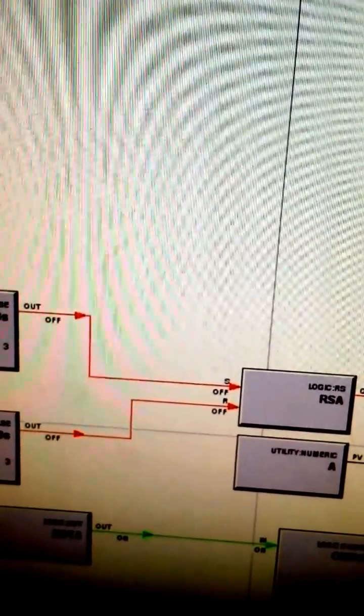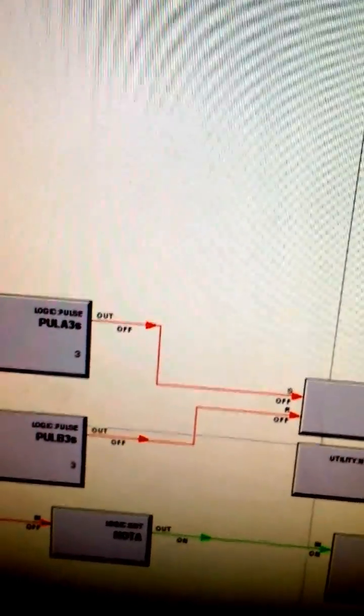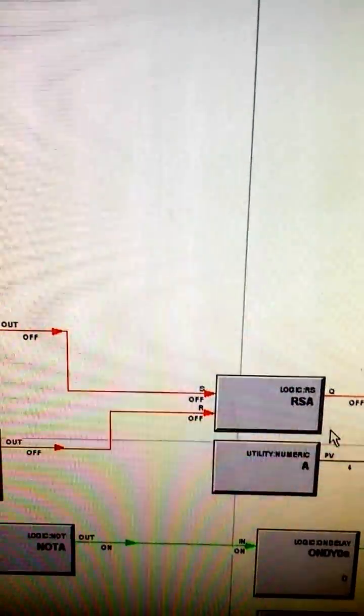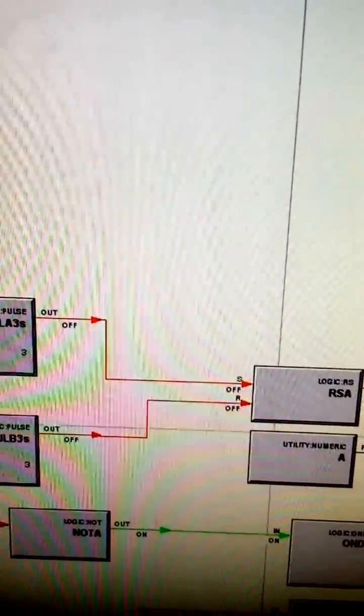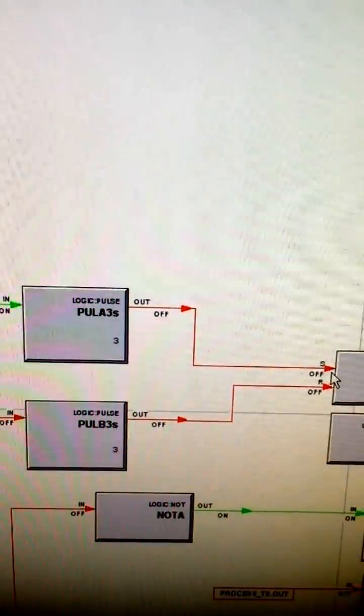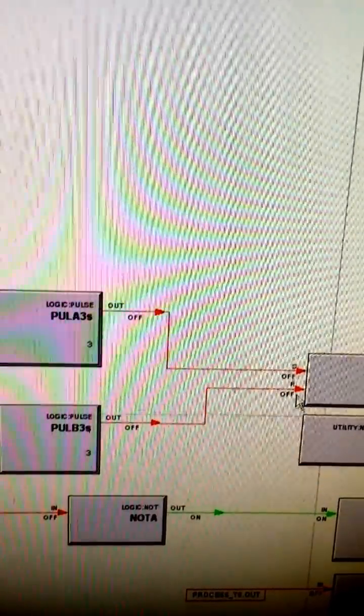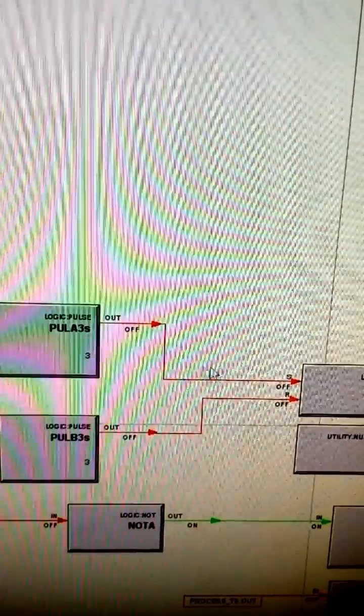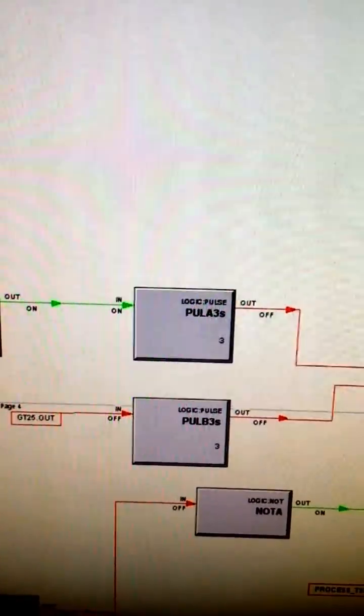Okay. So RS is the same as a flip-flop in electronics logic. So there is a set condition and a reset condition in here. The set condition is determined by this condition. We can see boiler firing. So this green here is logic 1.